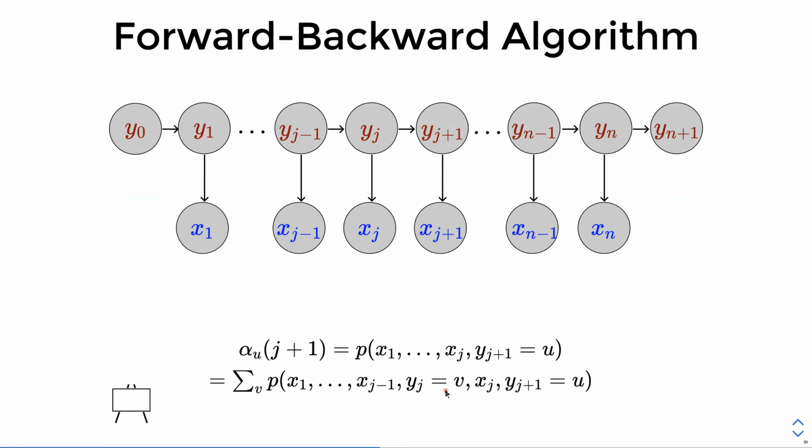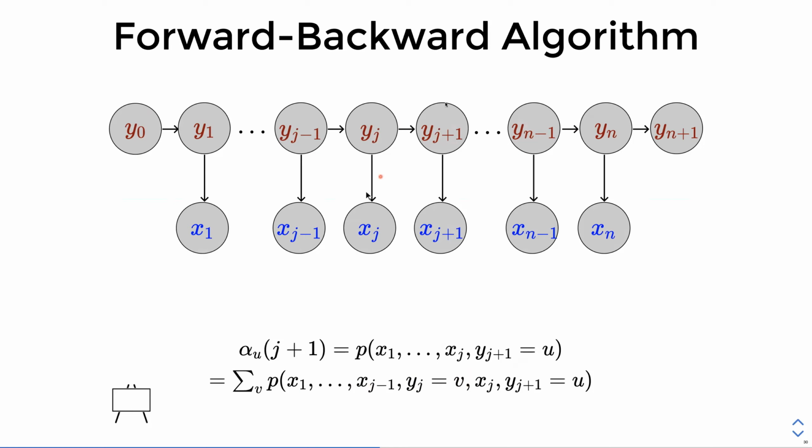The reason I do something like this is because I want to factorize this joint probability. Please note that I inserted y_j is v at this particular position for some reason, because I want to factorize this joint probability in a certain way. The first term says I'm going to generate x1 up to y_j is v, up to this point.